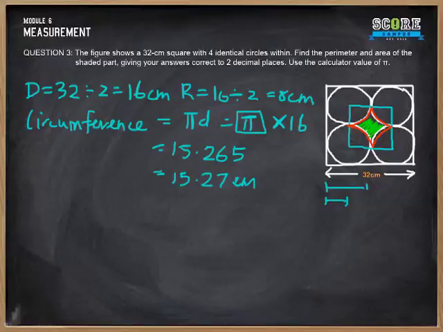Now that we have done the circumference, let's move on to the area. Okay, now by subtracting the area of the 4 quadrants, let's shade the 4 quadrants. Okay, we're shading the 4 quadrants. Now, if you subtract these 4 quadrants from the area of the square, we will find the area of the shaded part, right?